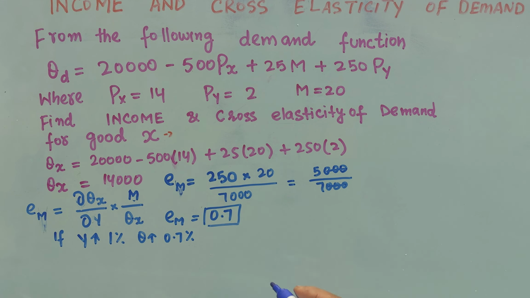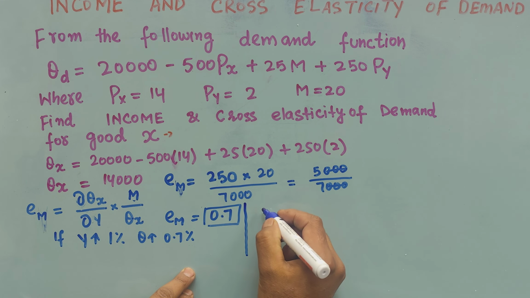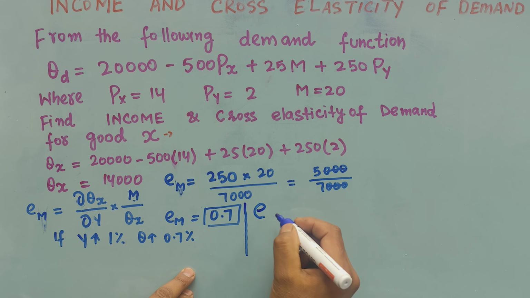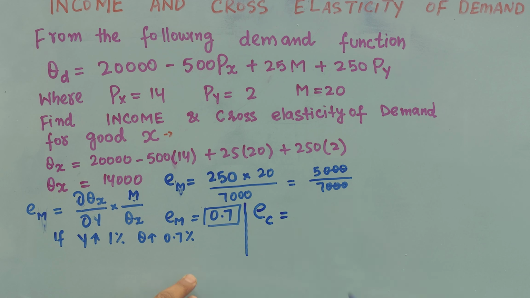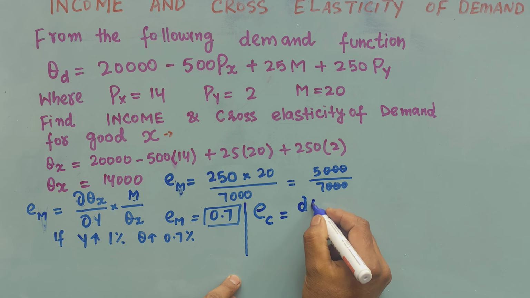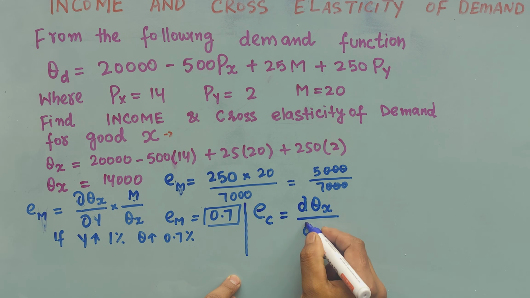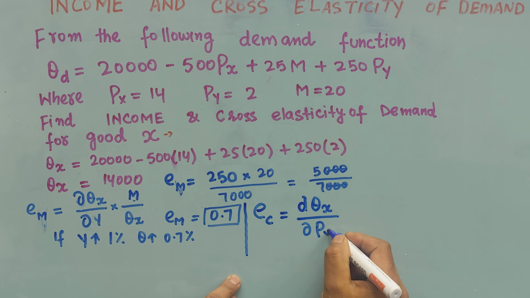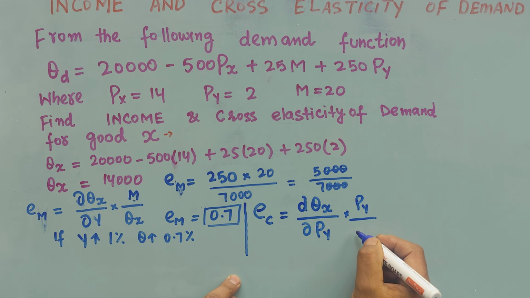Now to find out the cross price elasticity of demand, denoted by E subscript C, it shows us the change in the quantity demanded of good X due to the change in the price of good Y, times price of good Y upon quantity demanded of good X at that very price.